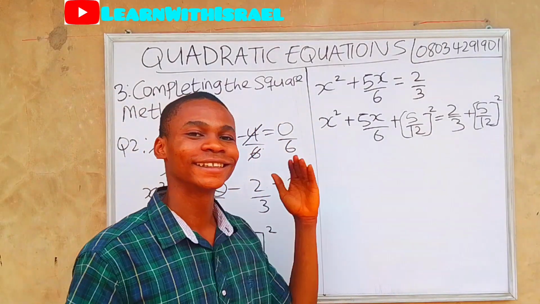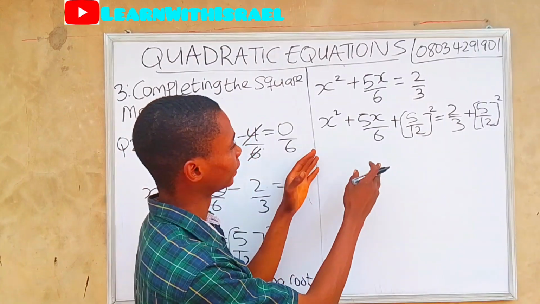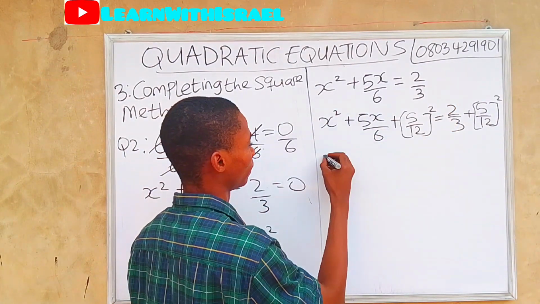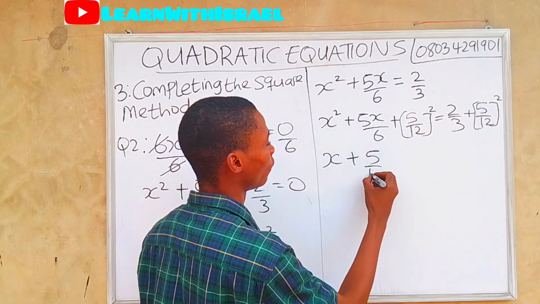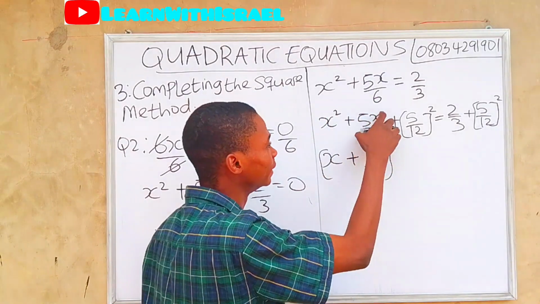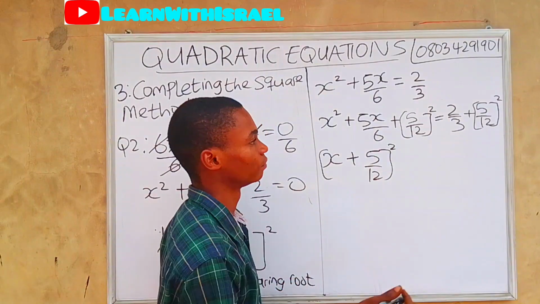So what's next? Make sure you watch this video to the end to have a better understanding. So what next? We take the square: x plus 5 all over 12, squared. There's nothing that you have to do with this. Just take the value that I have, bracket it and square it.